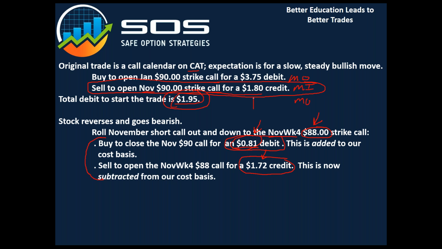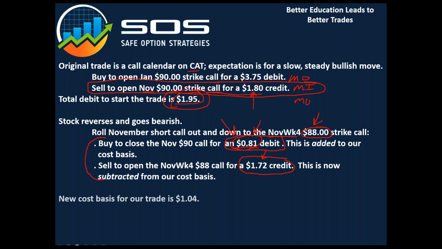A lot of people think they've got to get more than what you originally took in. A lot of people look at what they originally took in and say, I've got to get more than what I originally took in, and that's hard to do. It's hard to find the option and the strike price and the expiration that will do that for you. We're just trying to get more than what we spend right here to close that leg of the trade.